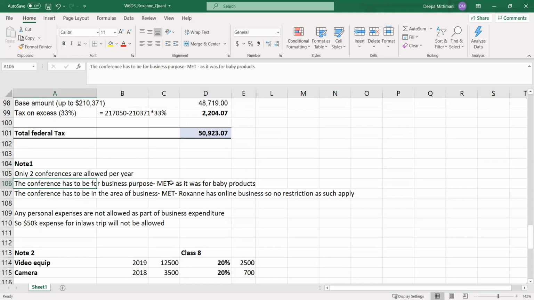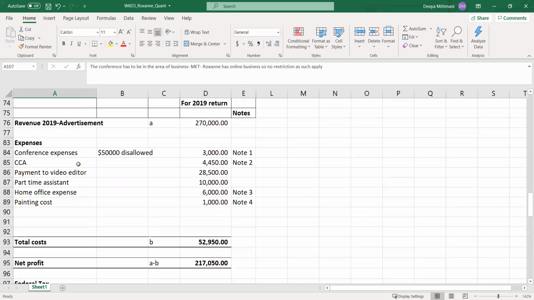This condition is met as her business is related to baby products and the conference is for baby products. The conference also has to be in the area of business. This is also met because it's an online business, so she doesn't have any specific restrictions. So what I'm trying to do here is illustrate what the tax rule is, how it applies in this case, and by applying that, what the amount is.